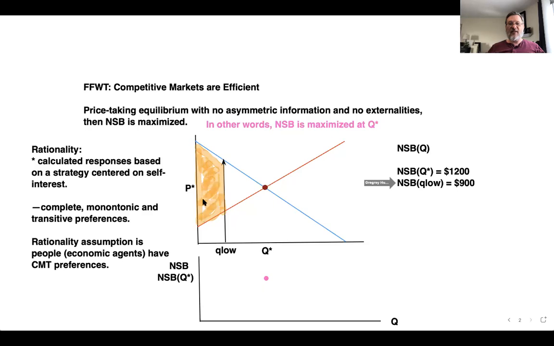So this one's pretty easy. Can you see what I mean? That trapezoid is obviously smaller than the bigger triangle, and it corresponds to the total surplus of the first few units up to Q low. Does that make sense? Yeah, that makes sense.